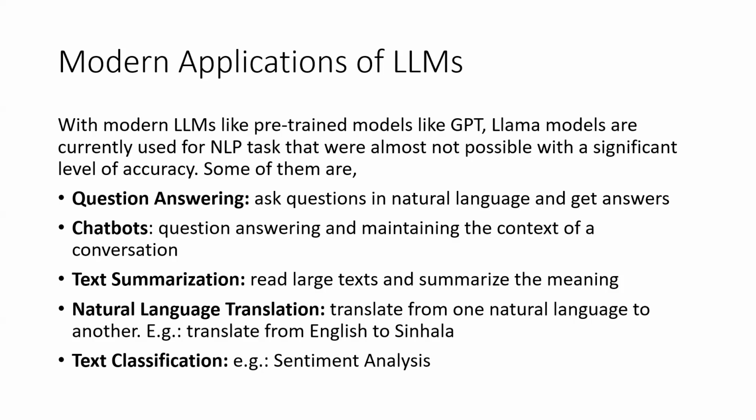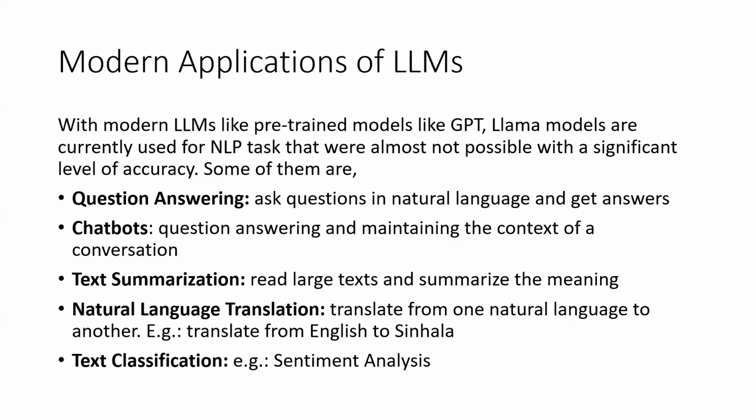Natural language translation was also a very successful task that became possible after large language models. But even before large language models, there were some LSTM-based language models that were somewhat okay with language translation, like the earlier versions of Google Translator, but they were not that accurate compared to a human translator.